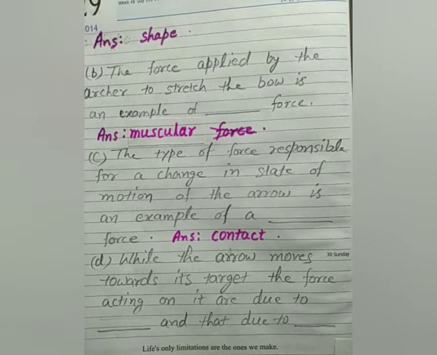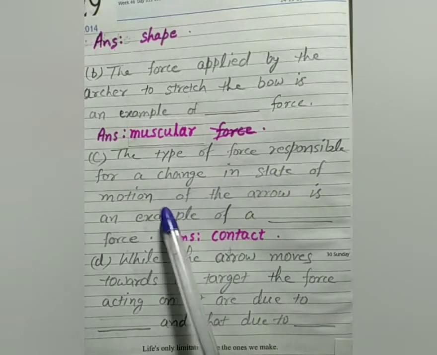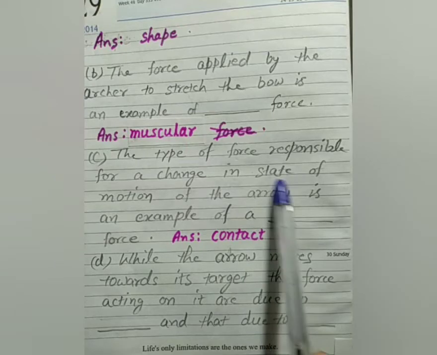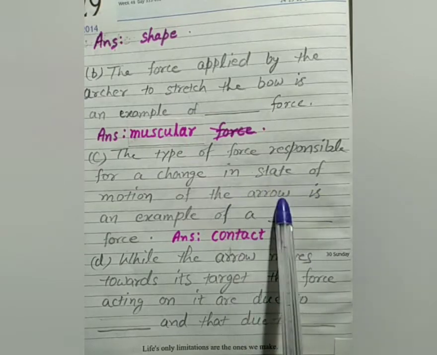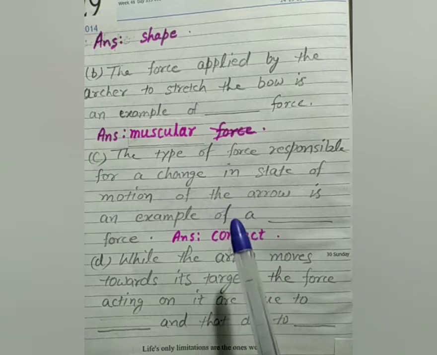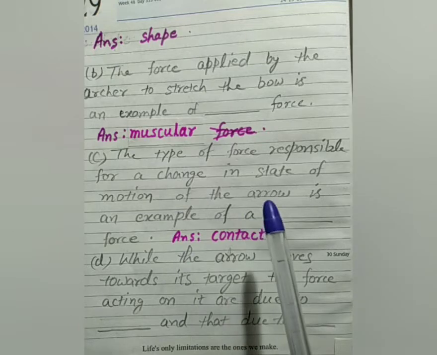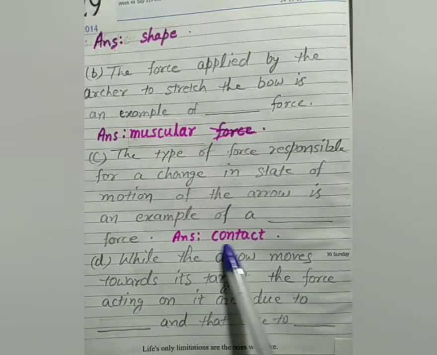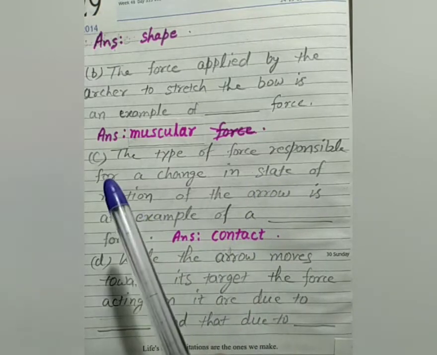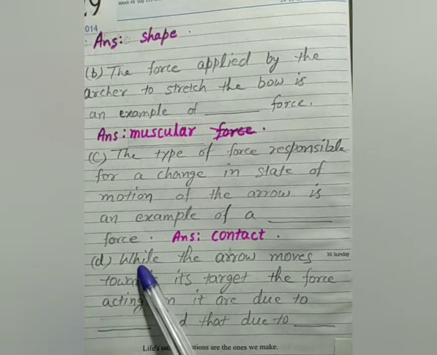The string of the bow can only exert the force on the arrow when it remains in contact, so it is a type of contact force. You know bow and arrow, tir dhanush, so it is a contact force because the arrow cannot be thrown without the contact of the bow or its string.